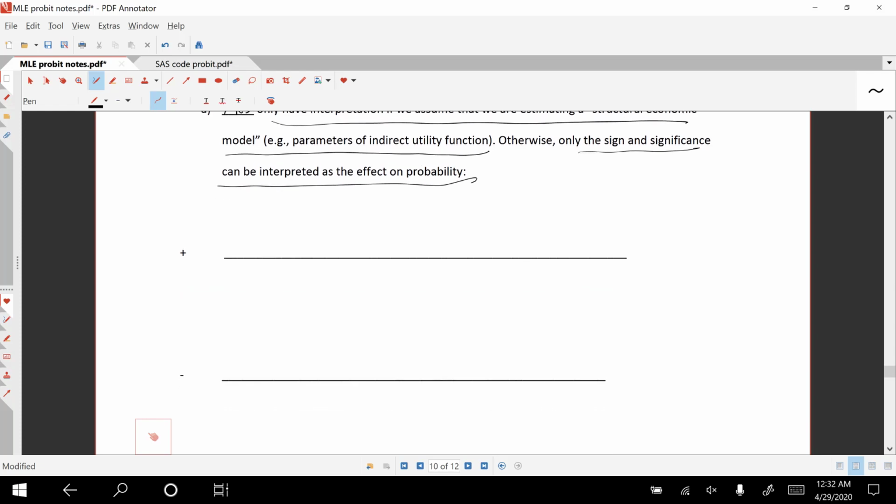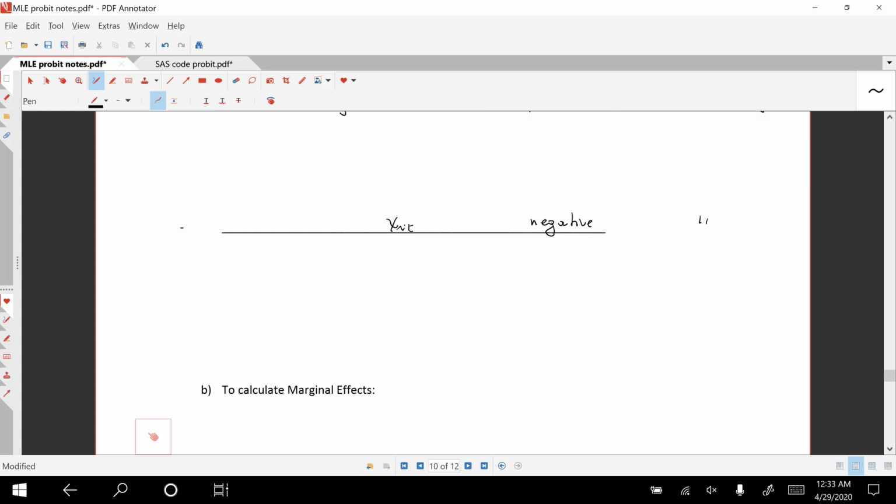Of course, if beta k is positive, we know that the corresponding xik variable has a positive effect on the probability that yi is equal to 1, and if it's negative, we know that the variable has a negative effect on the probability that y is equal to 1.